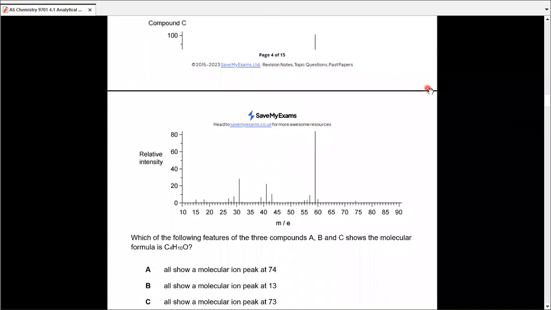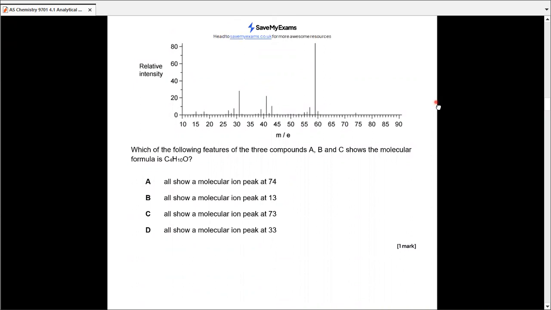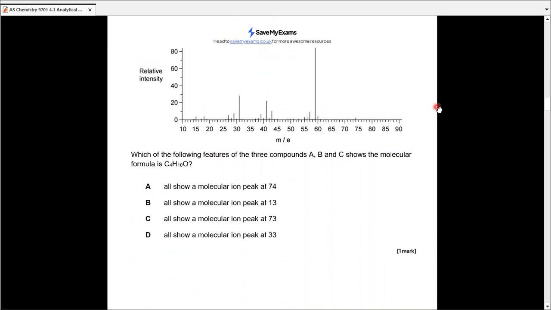And the molecular peak seems to be at 60, while the biggest peak, the base peak, is at 59. No, there are smaller peaks too. Sorry, I missed out the smaller peaks.